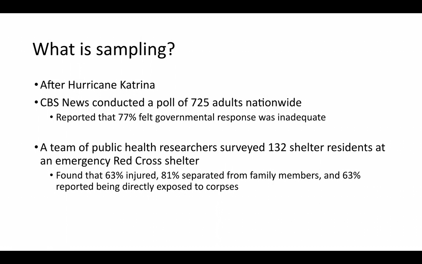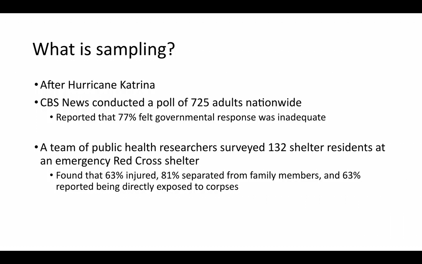All right, so now for the first one, nationwide, 725 adults, that's more likely to use a random sampling strategy. And this is nationwide, and this is a representative sample. But shelter residents at a particular site, right?